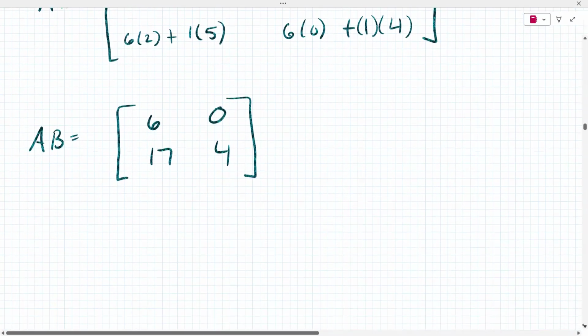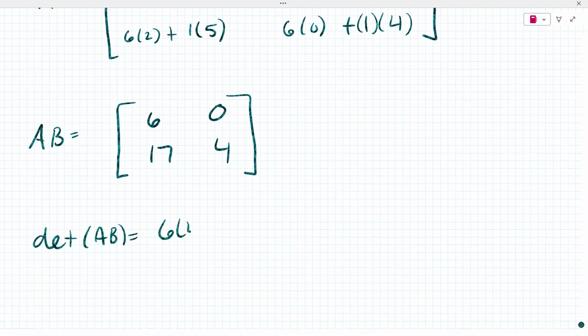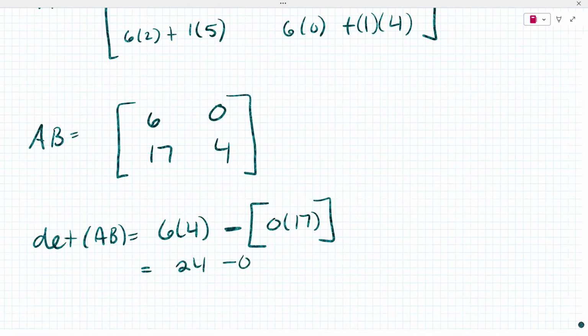The determinant of AB is equal to 6 times 4 minus 0 times 17. And when you put that together, 6 times 4 is 24 minus 0 is 24. So the determinant of AB is 24.